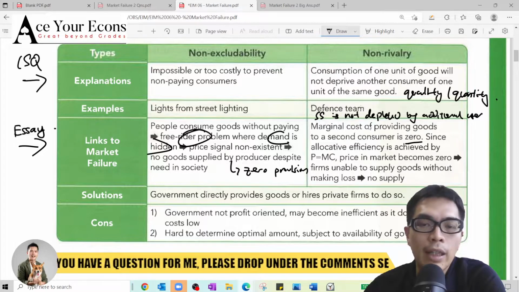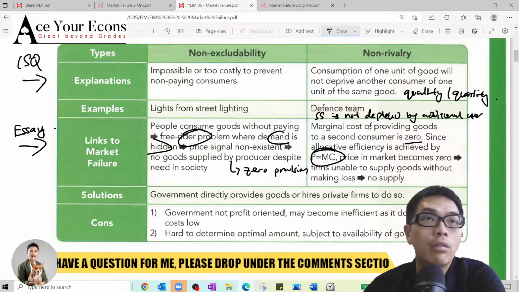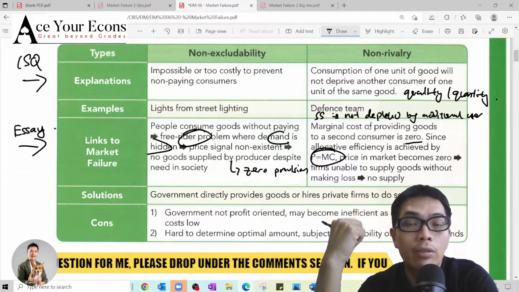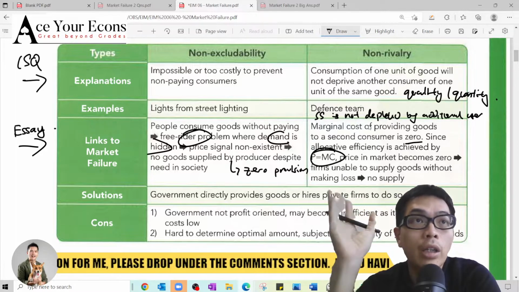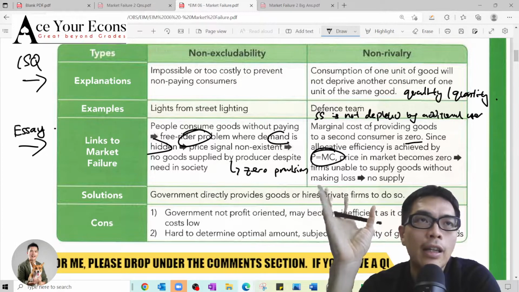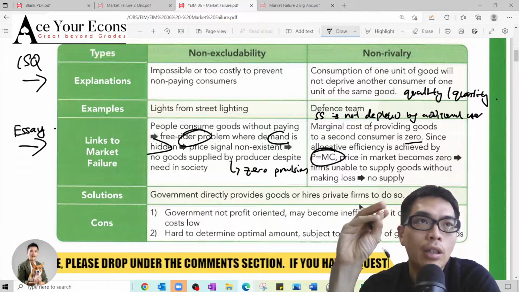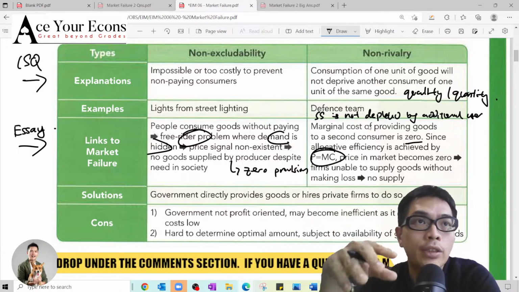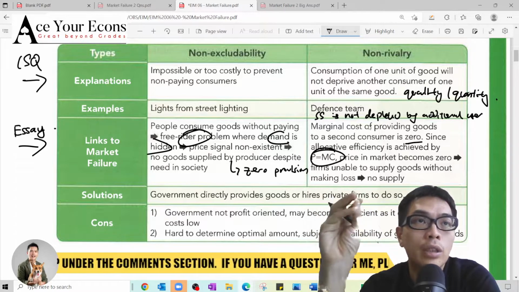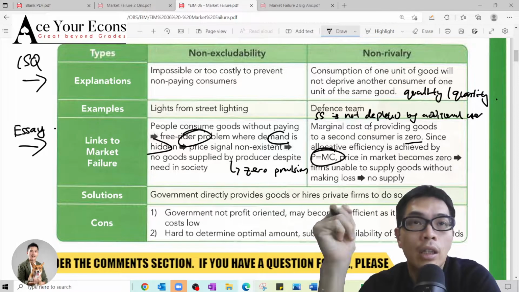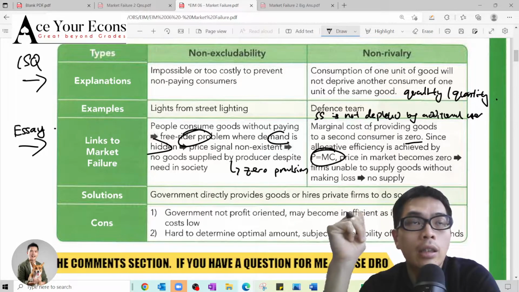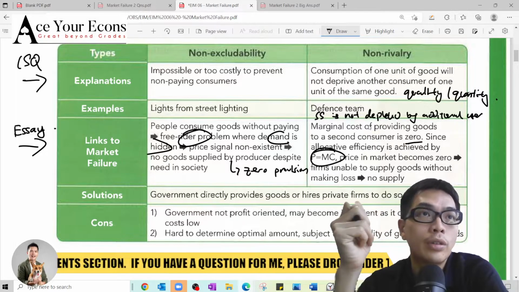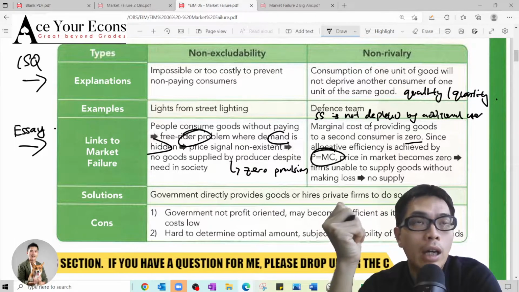This is something I won't be able to address right now; we need to go to firms and decisions before I can illustrate P equals MC. For now, accept that allocative efficiency occurs where P equals MC. P is the consumers' willingness and ability to pay for the good at that price. MC is the cost for the producer to produce at the particular output.